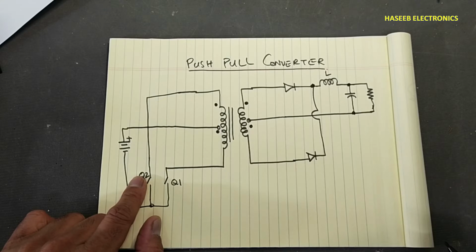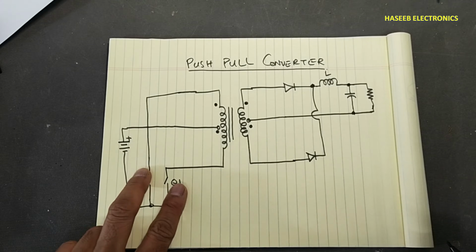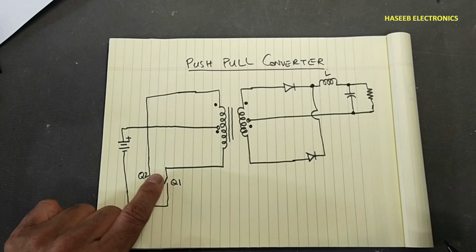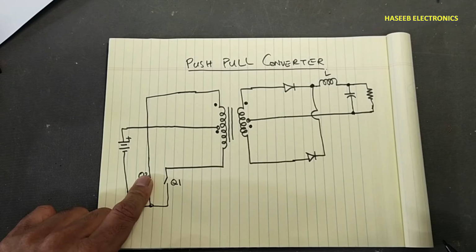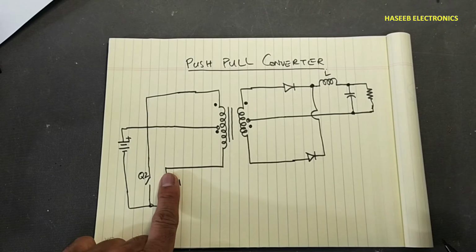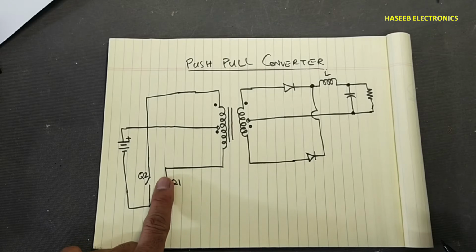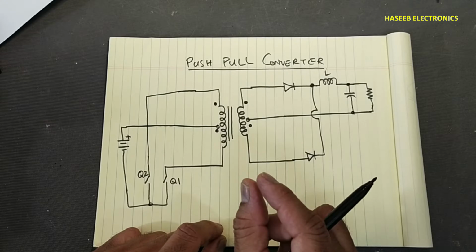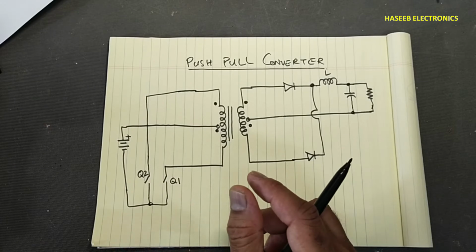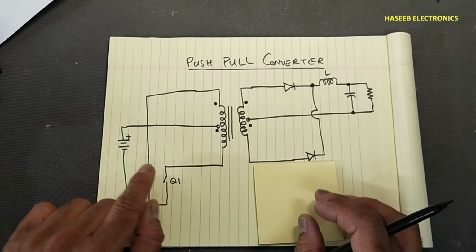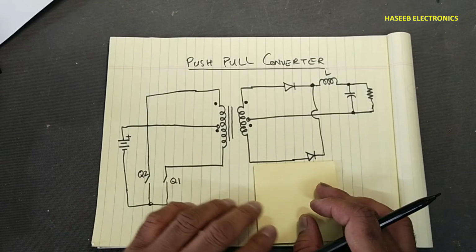Q1 and Q2 have opposite drive. When this one turns on, this one remains off. When that one turns on, this one remains off. And between both channels, a very small amount of time is allocated when both channels are turned off.